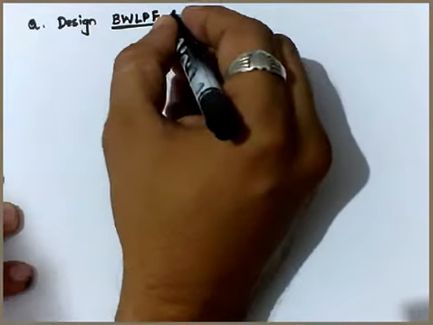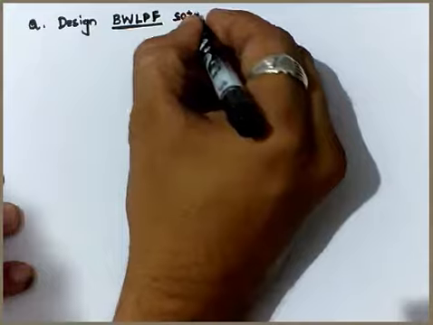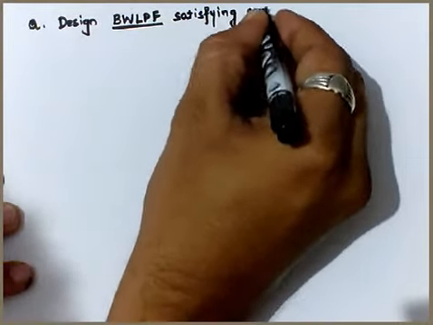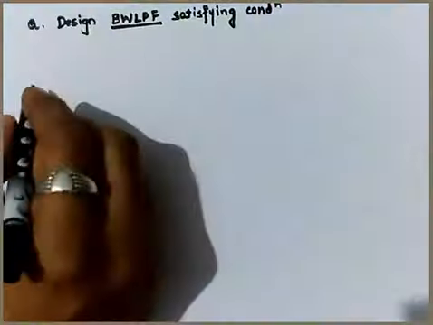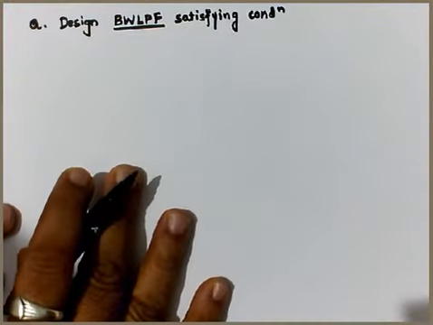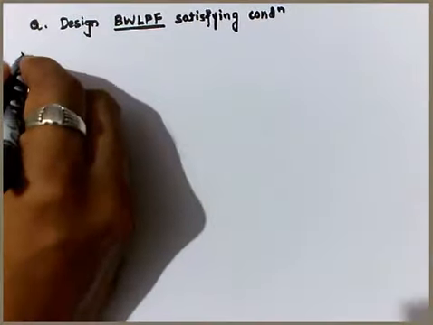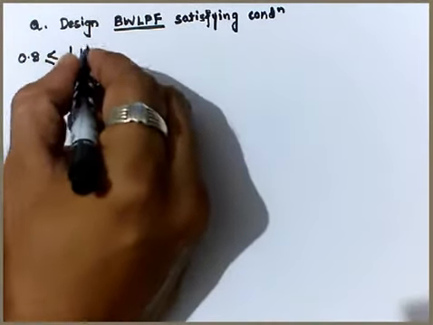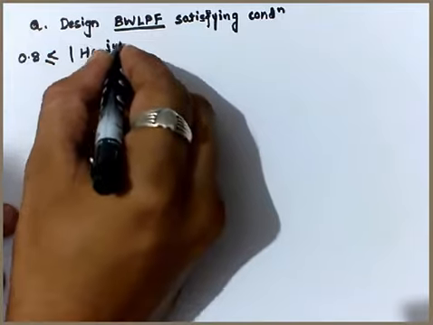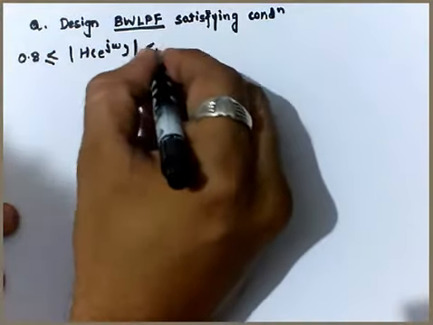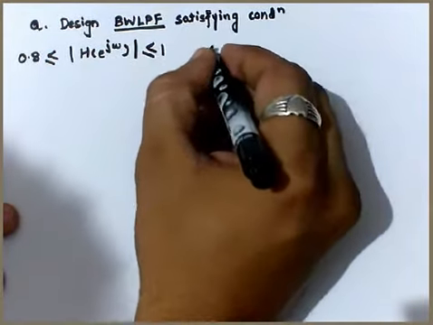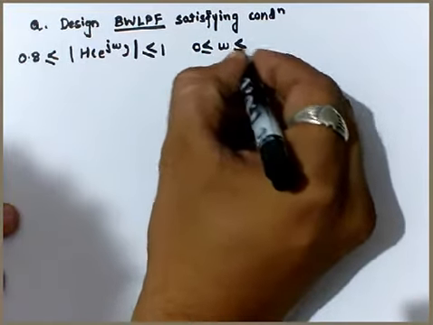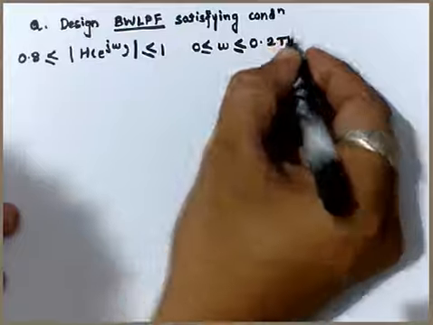So the conditions are satisfying conditions. So these are the conditions. The first condition is the range provided: 0.8 is less than or equal to mod of H of e raised to j omega, which is less than or equal to 1, for the range 0 less than or equal to omega less than or equal to 0.2 pi.